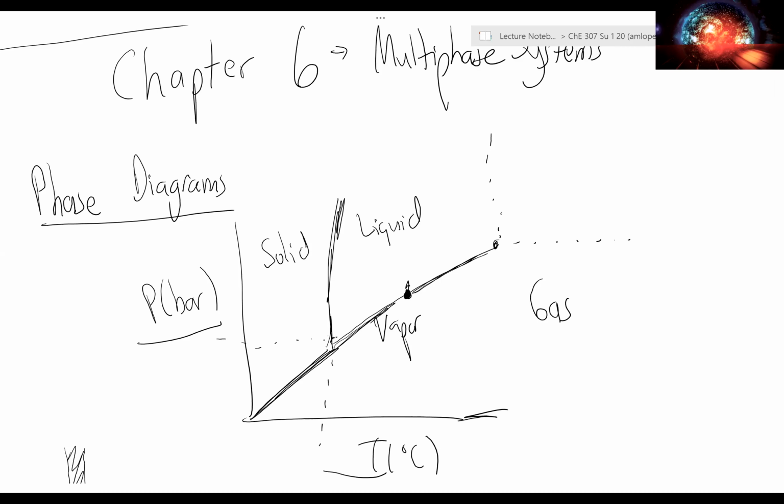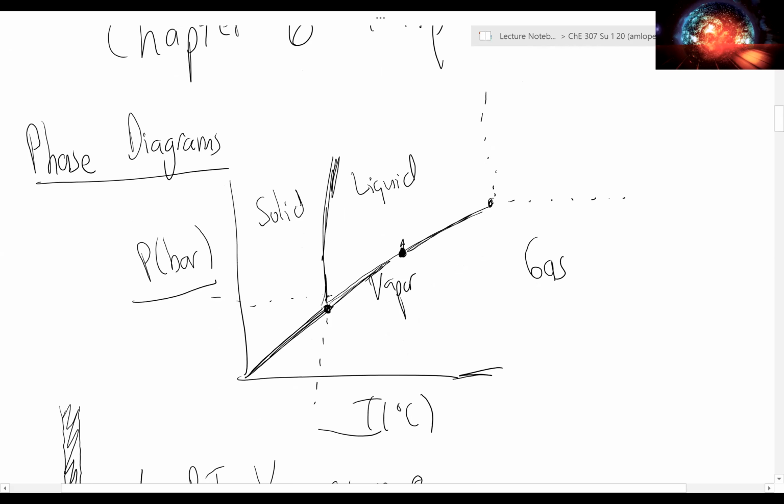At the same time, if I say I have 3 phases, then you don't need to state what the temperature and pressure are, because there's only one point at which 3 phases can be present, which is the triple point. But if I have, let's say, 1 phase, then my degrees of freedom are 2, and I have to specify both the pressure and temperature for that system to be fully specified.